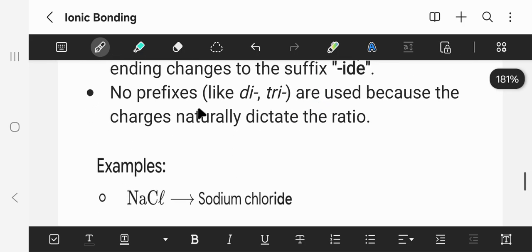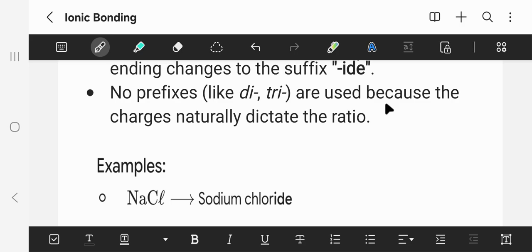And then we are not gonna have prefixes here, as this, guys, is the naming that takes place between a metal and a non-metal. Remember, with our non-metal with a non-metal, we need these prefixes, right? But when we are looking at ionic bonding between a metal and a non-metal, we do not use the prefixes, okay?